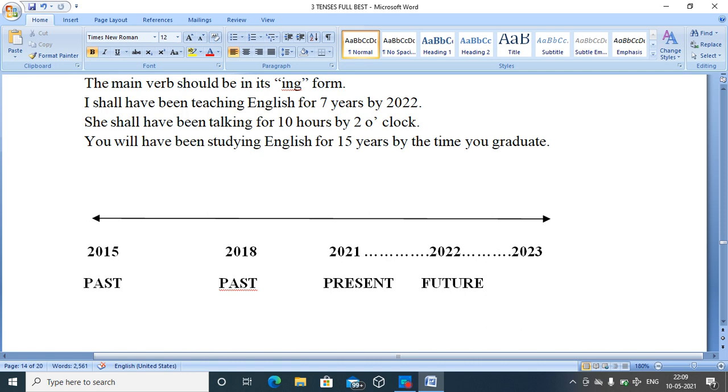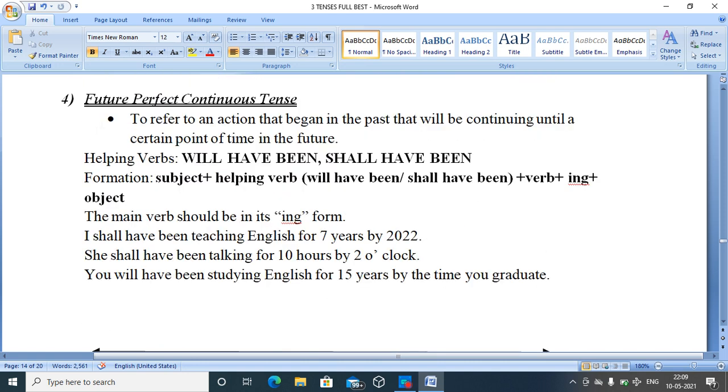It may continue in 2022, it may continue till 2023, and this is one of the apt tense forms to refer to such continuous action, and you can add such details as duration or the proper beginning point for more clarity. So that's all with the future perfect continuous tense.